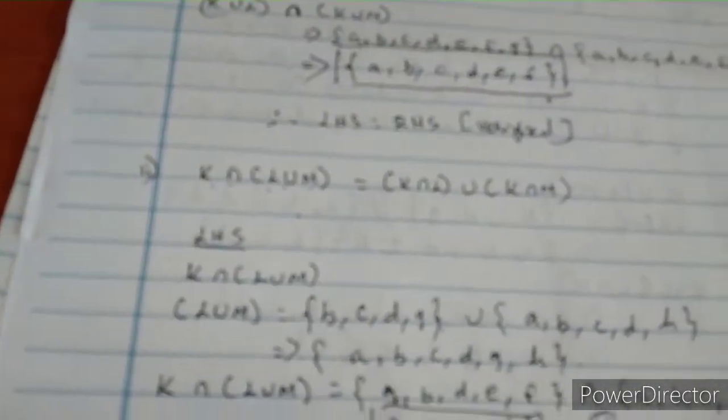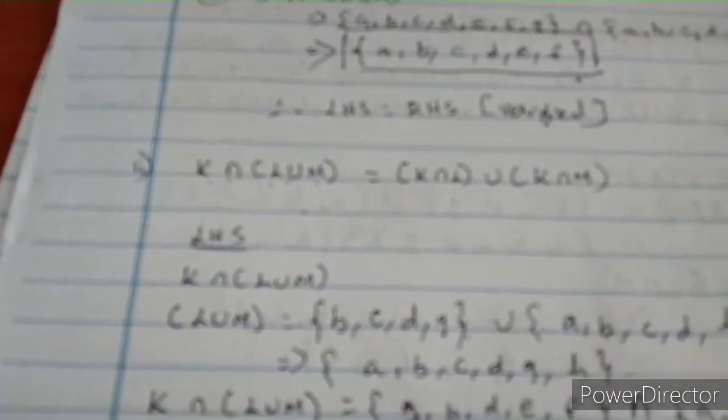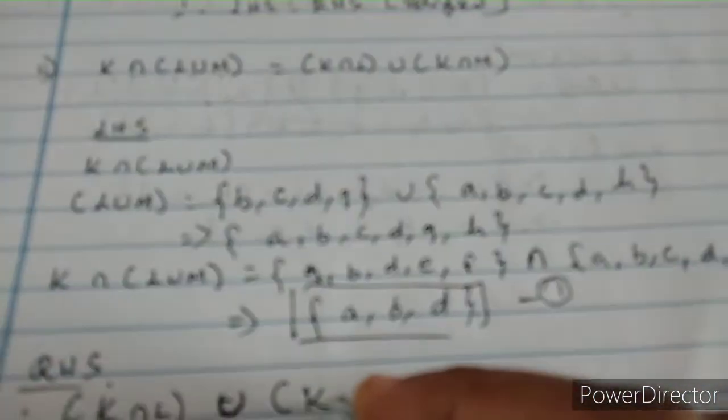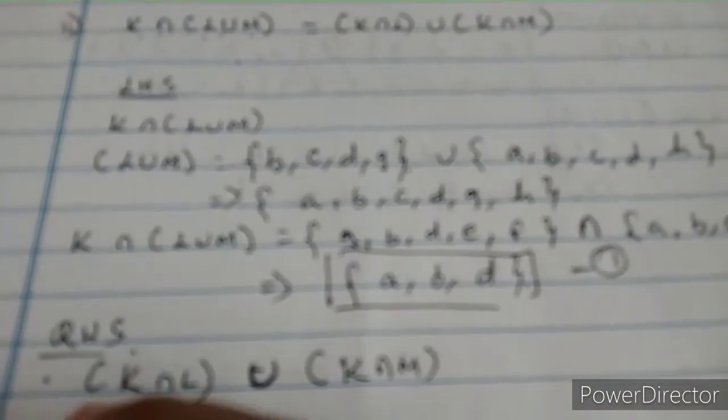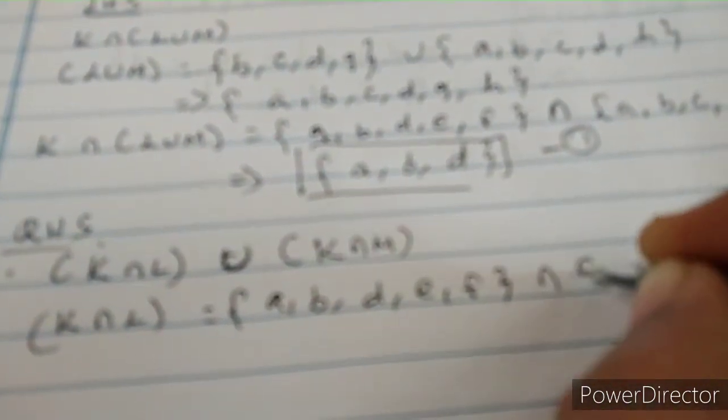Then the right hand side, K intersection L union K intersection M. First, K intersection L. What are the elements of K? A, B, D, E, F. Intersection elements of L are B, C, D, H. Intersection means which is common.